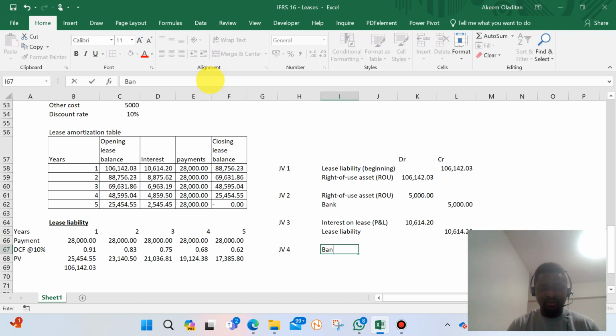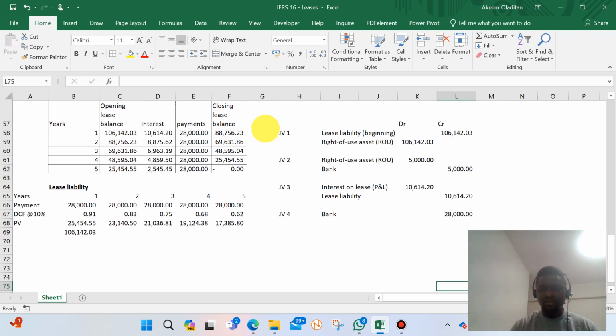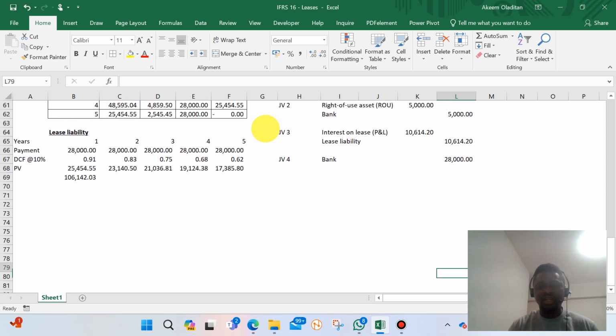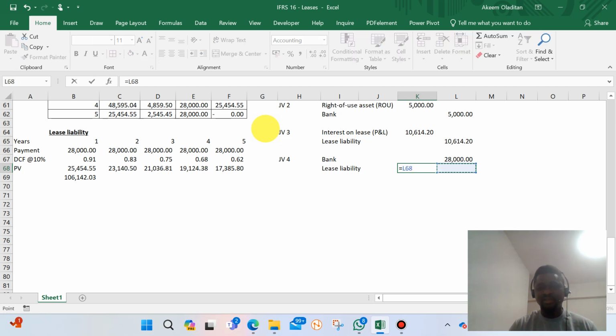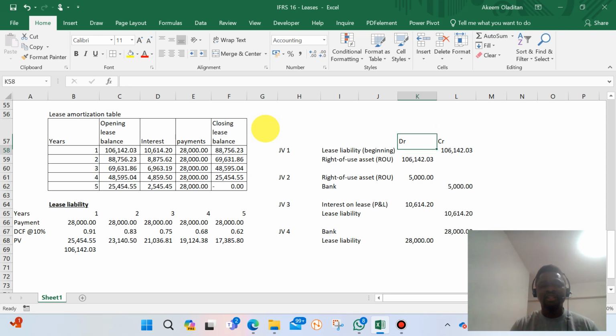That payment will go out of bank, which is 28,000. The 28,000 goes out of bank, then it will be debited to this liability account, that same amount. So that posting of the transaction will continue that way.